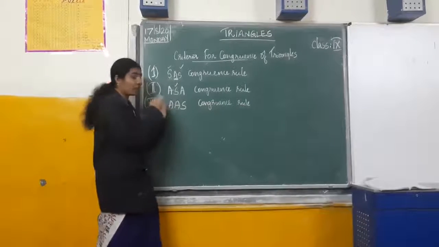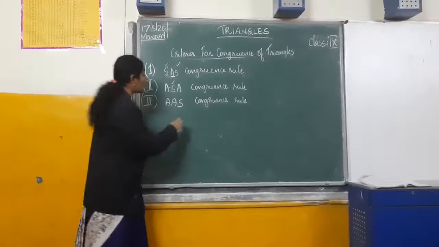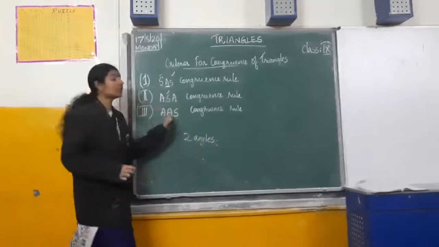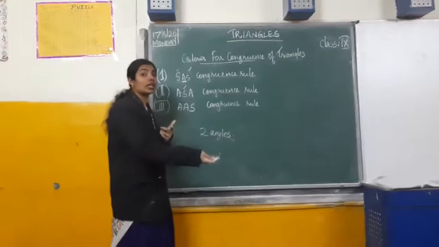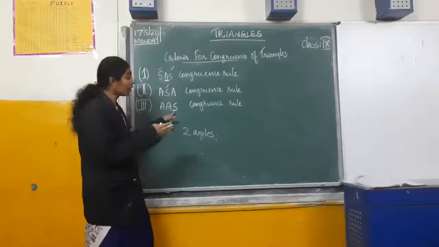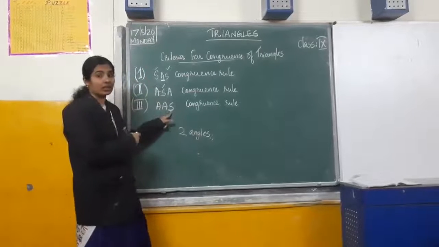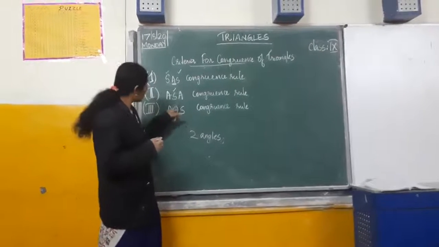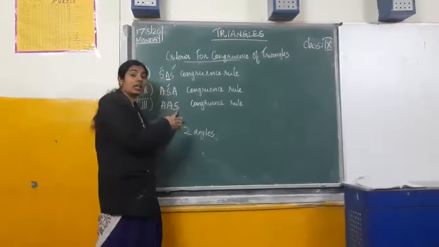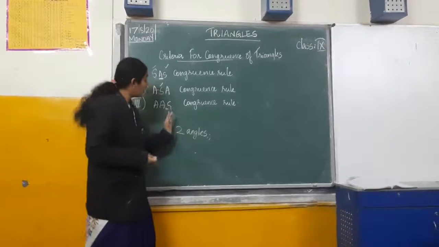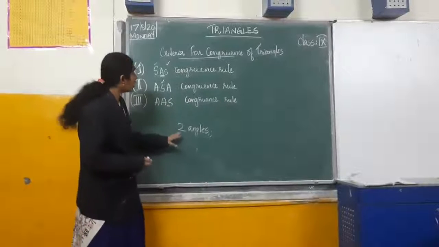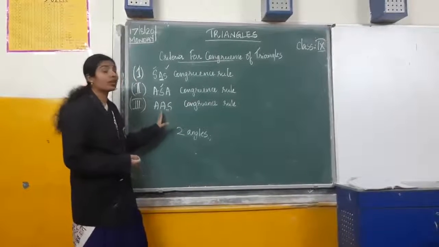Two angles of the first triangle are equal to two angles of the second triangle, and the side that is not included between the two angles is equal to the side not included in the other triangle. Then we can say the two triangles are congruent by AAS.